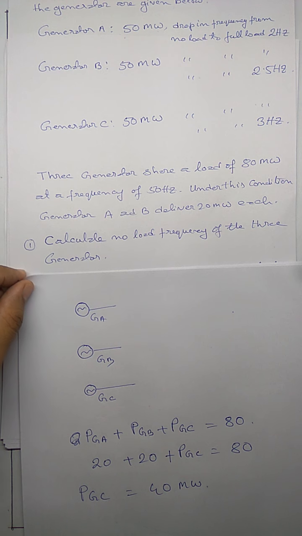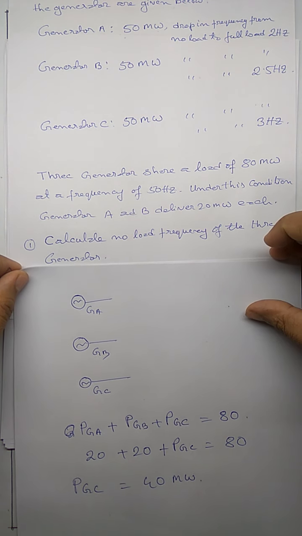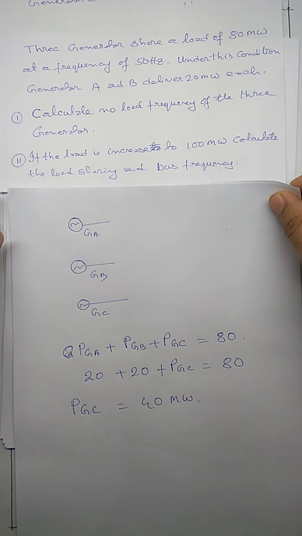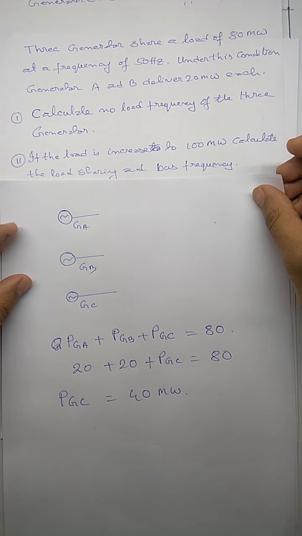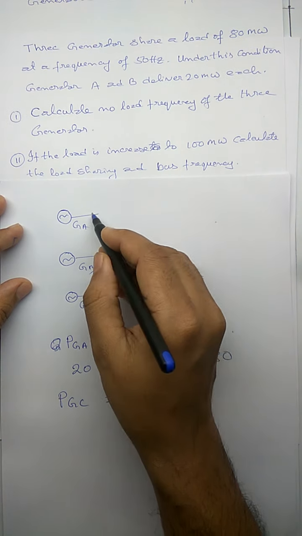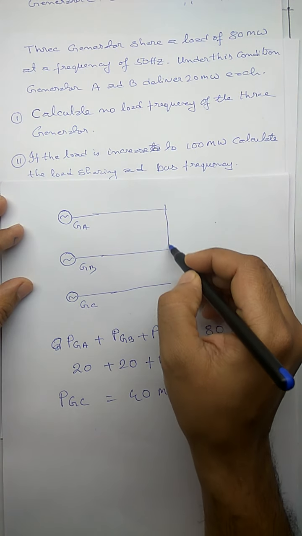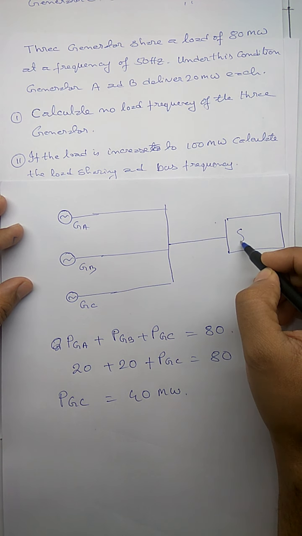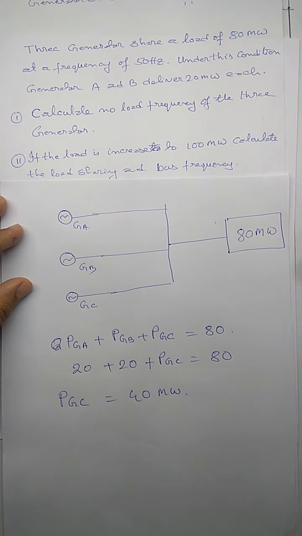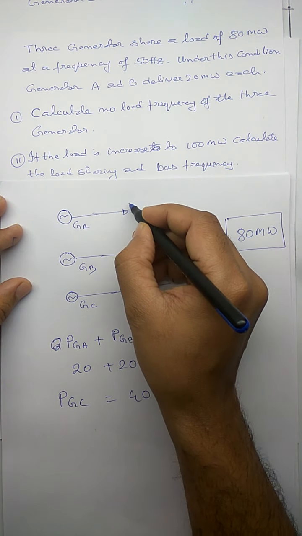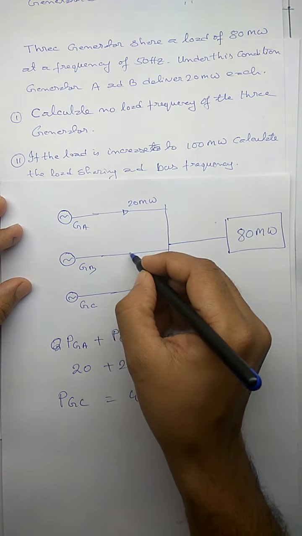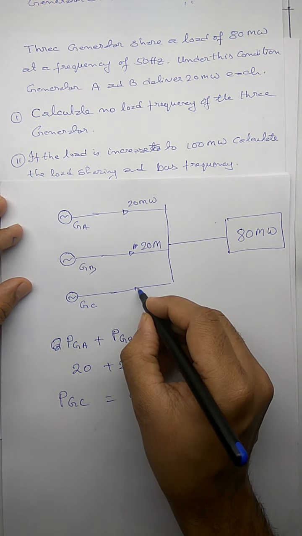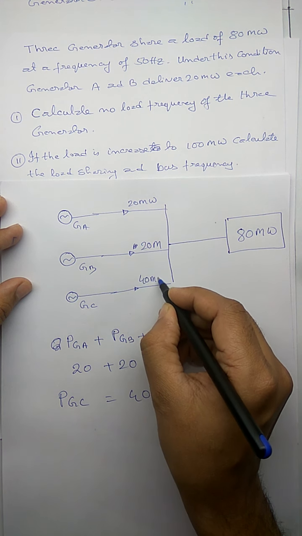Now the first question is to calculate the no load frequency of the three generators. Let's see how to do that. These three generators are connected together in parallel, and together they are supplying a load of 80 megawatt. Out of this, this is 20 megawatt, this is 20 megawatt, so of course this will be 40 megawatt.